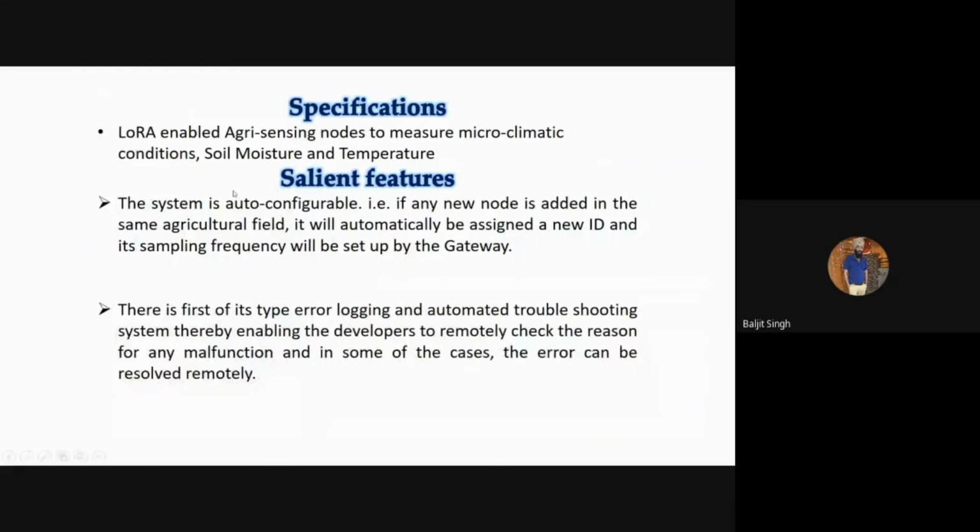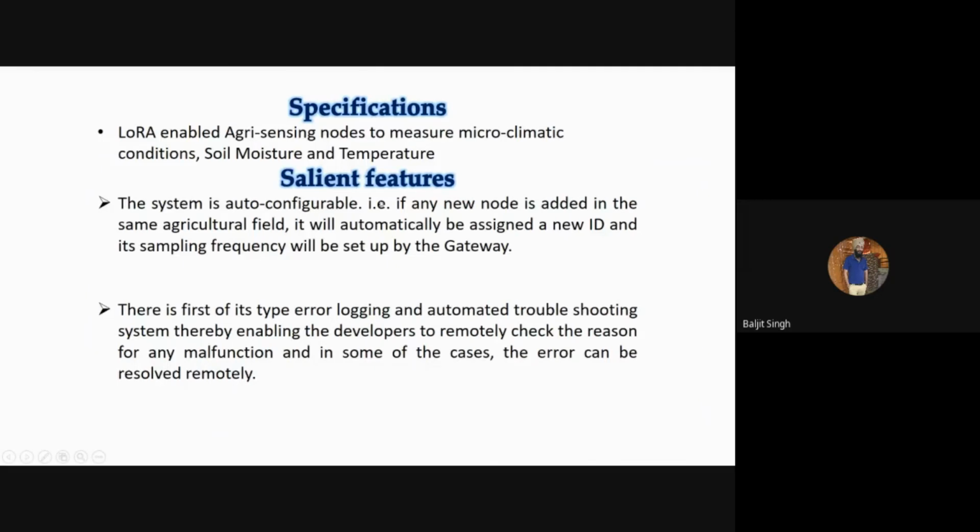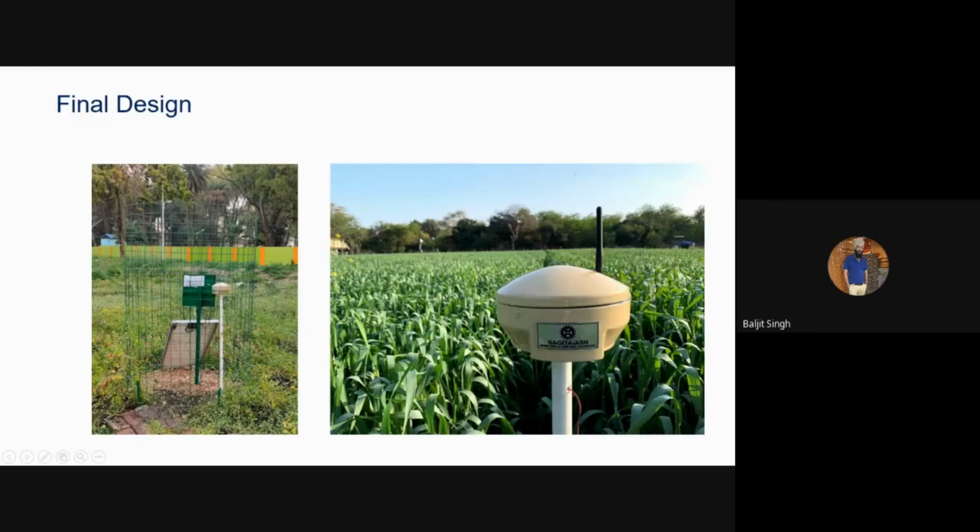Specification of device: LoRa enabled agri sensing node to measure microclimatic conditions, soil moisture and temperature. Some of the features of the system: the system is auto configurable. If any new node is added in the same agricultural field, it will automatically be assigned a new ID, and its sampling frequency will be set up by the gateway. This means there is one central gateway device placed in the agricultural field.